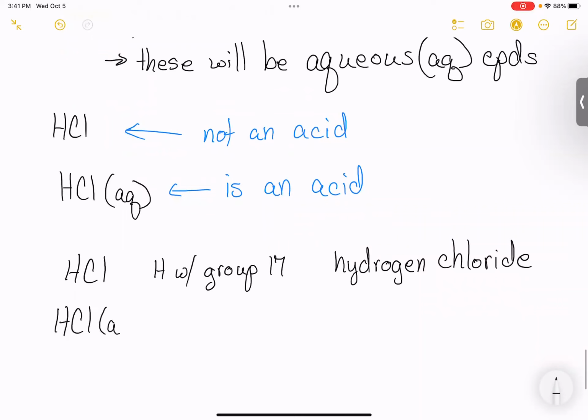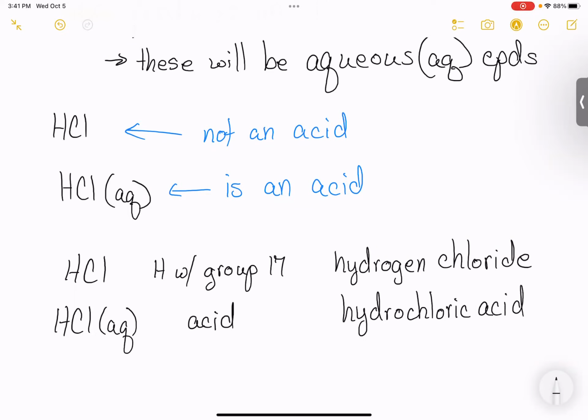HCl aqueous we know again is an acid, and we will talk about how, but it is called hydrochloric acid. So they are named differently depending upon whether it's an acid or whether it is not an acid.